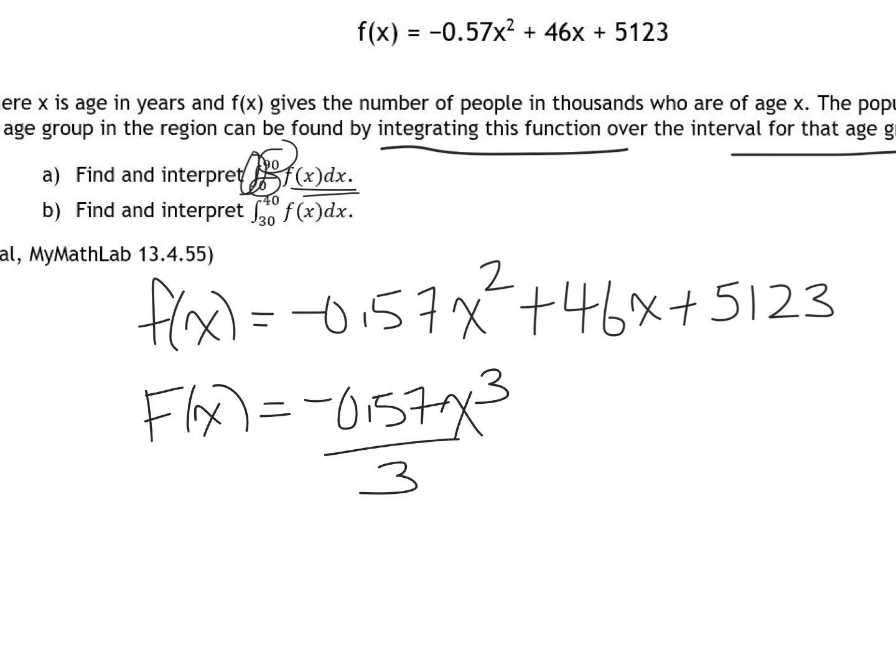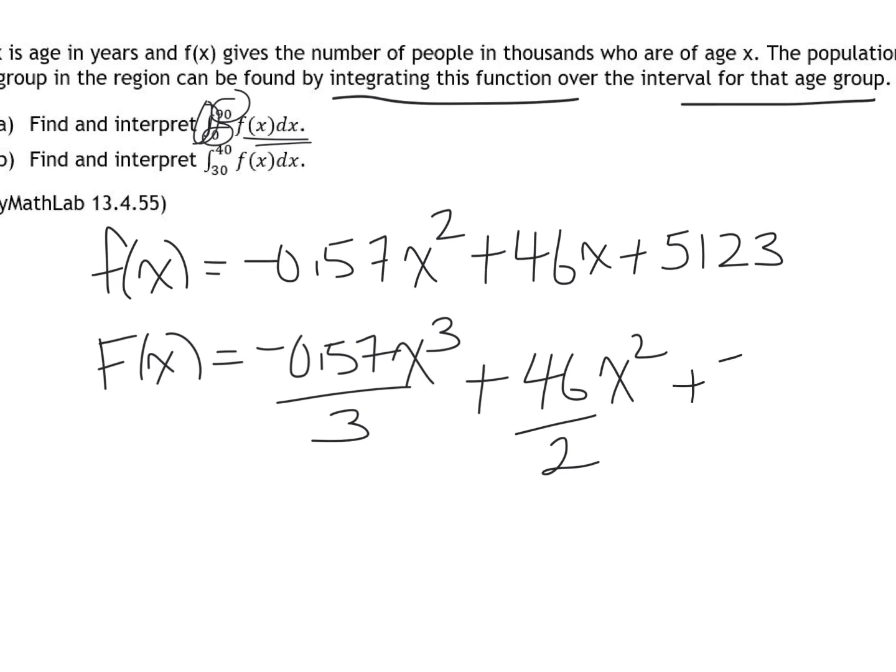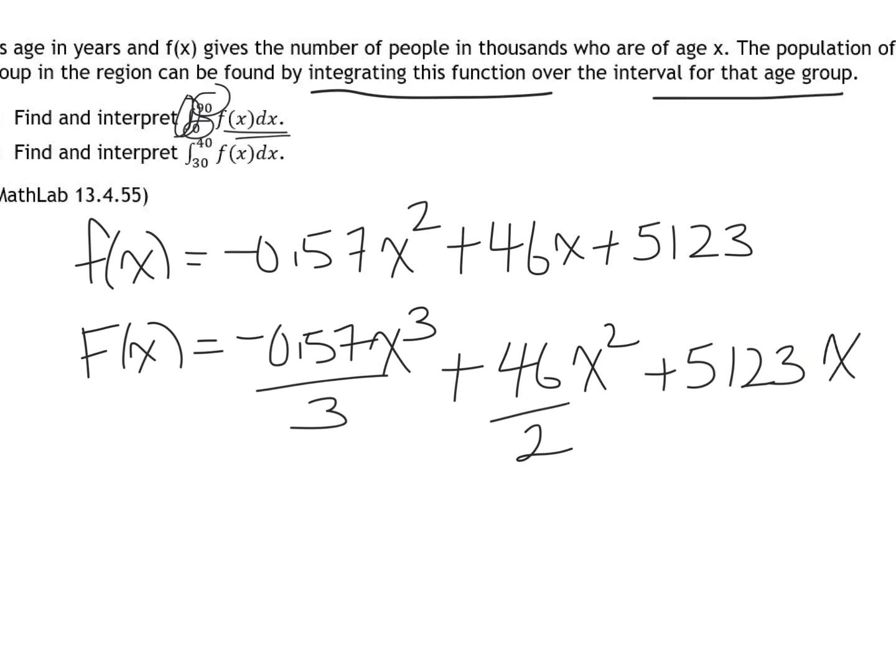Then we take the next term, the x used to be an x squared. So we divide that coefficient by 2. And then 5,123 used to be 5,123x in the original function.